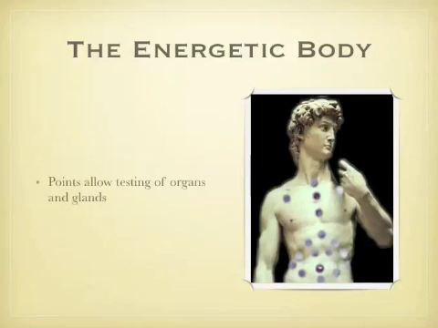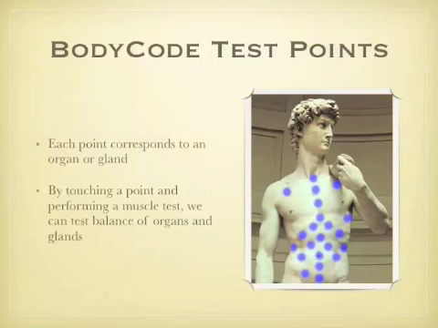One of the things that we have found is that there are points on the surface of the body that allow us to test the balance of the organs and the glands. And we call these BODYCODE test points. By touching a point and performing a simple muscle test, we can determine whether an organ is in a state of balance or not. And the amazing thing about this is that there are connections between all these organs and all the muscles in the body.